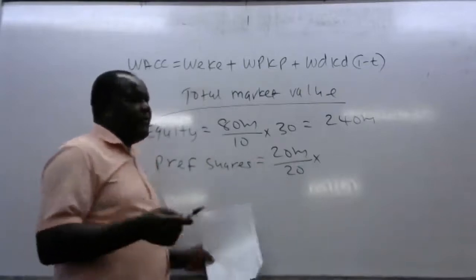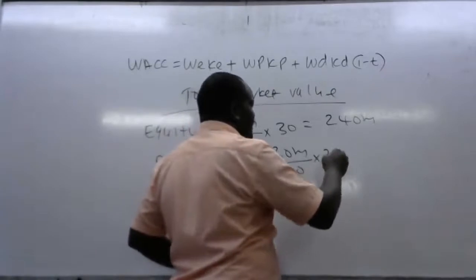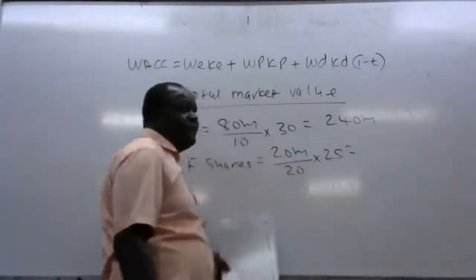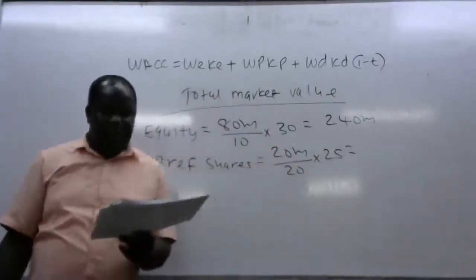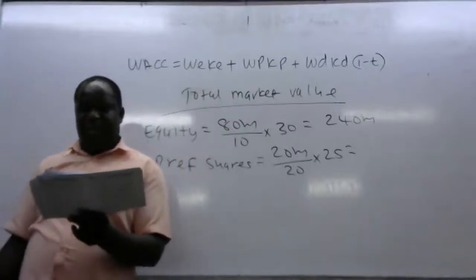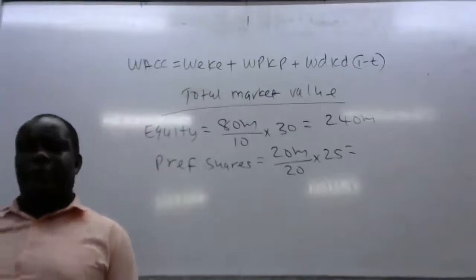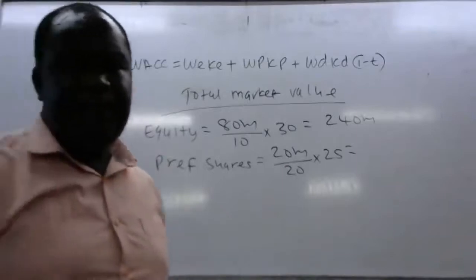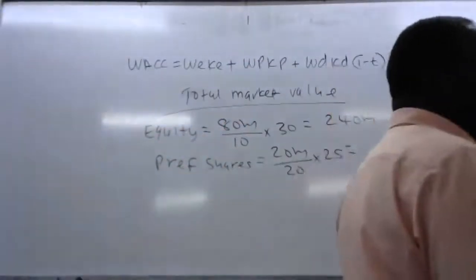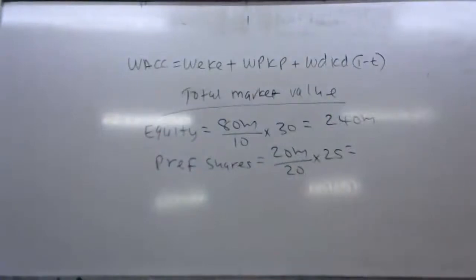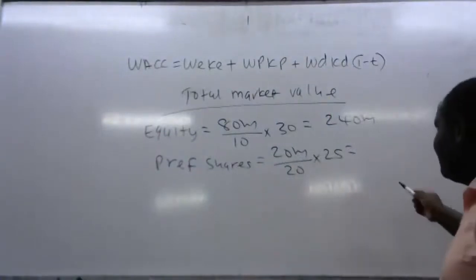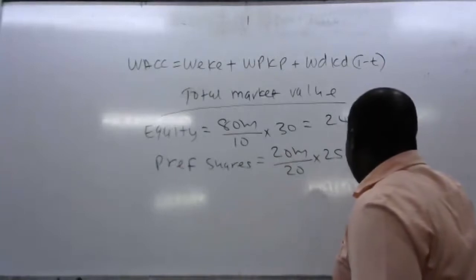Then the current market price: in note number 9, the preference shares were currently trading at 25. So this one should give us 25 millions.